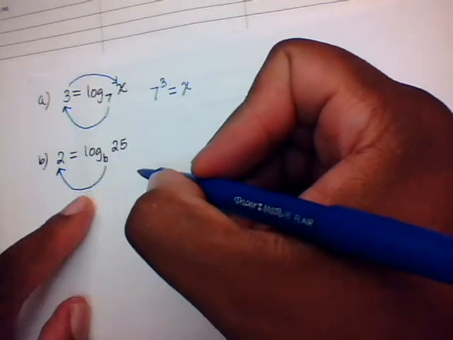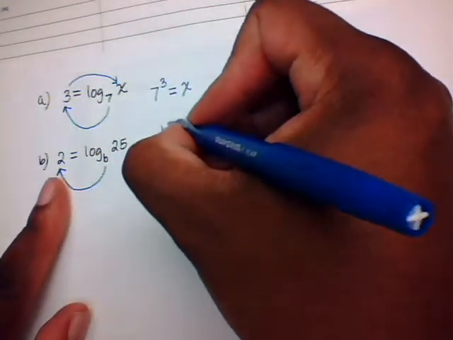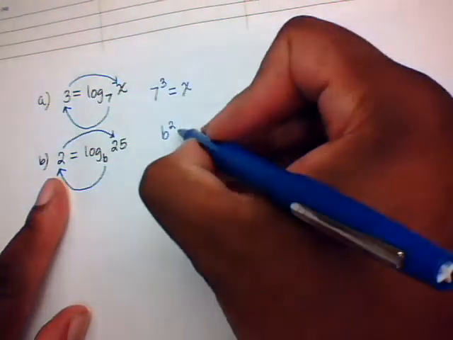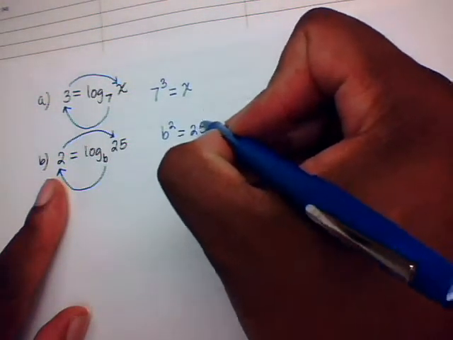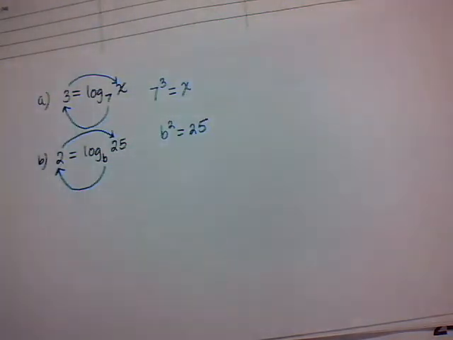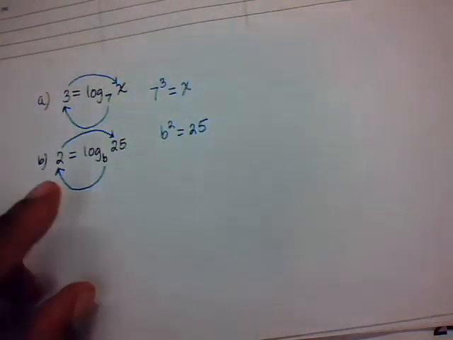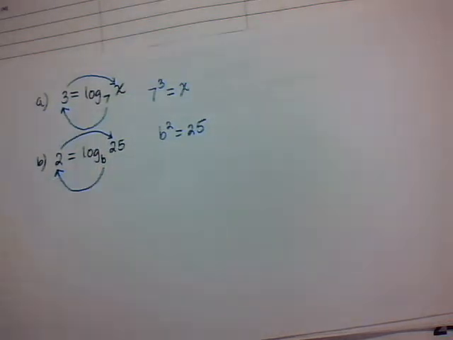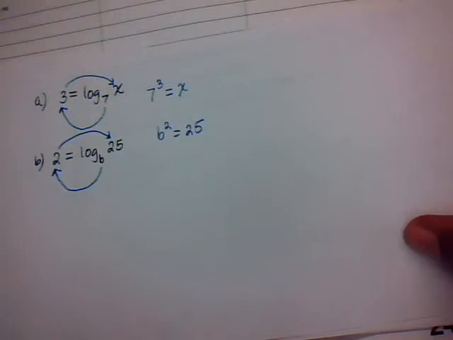So this would be b to the power of 2, or b squared, equal to whatever is after the log. That's 25. Because this right here is always the base, and the number or expression in front of the equal sign is going to be your exponent for that base. So it's b to the second equals 25. That's the equation in its equivalent exponential form.